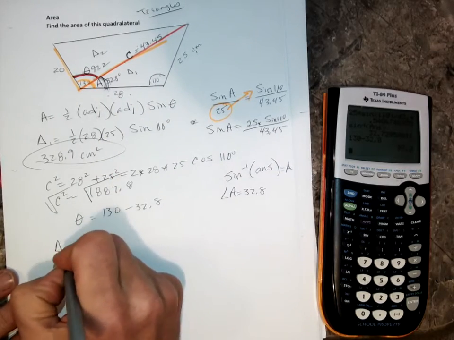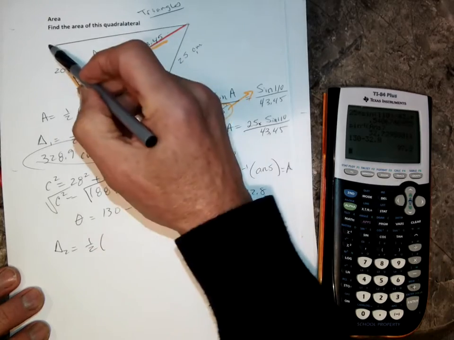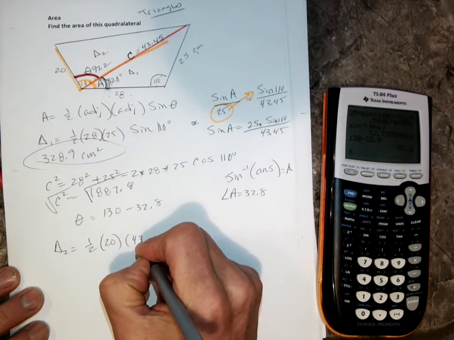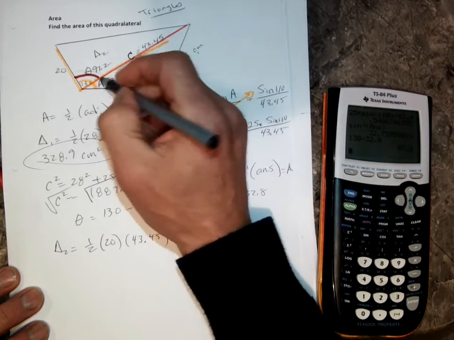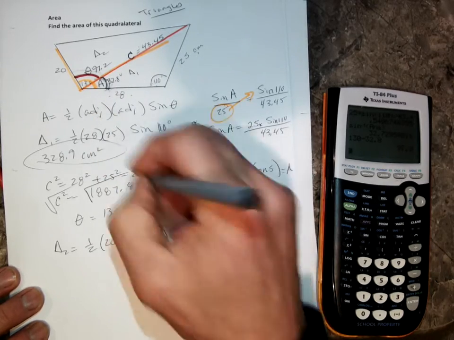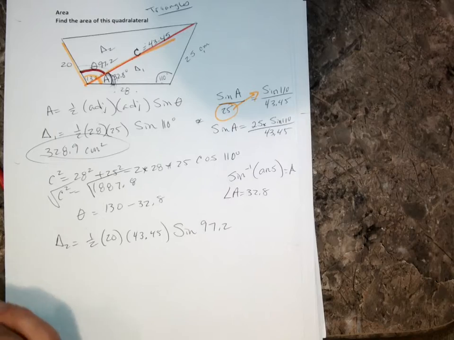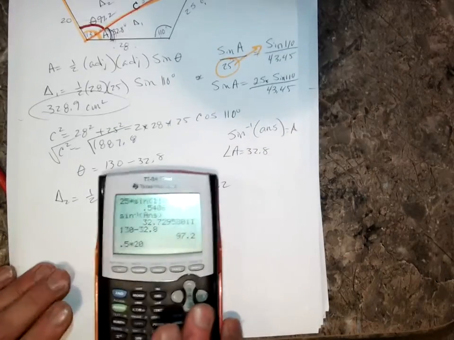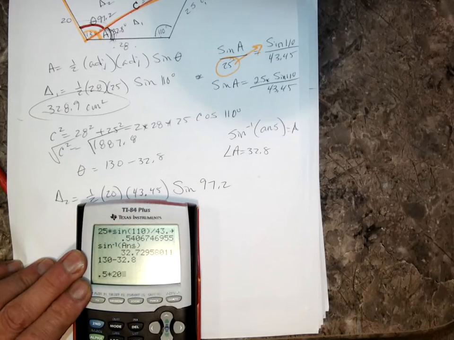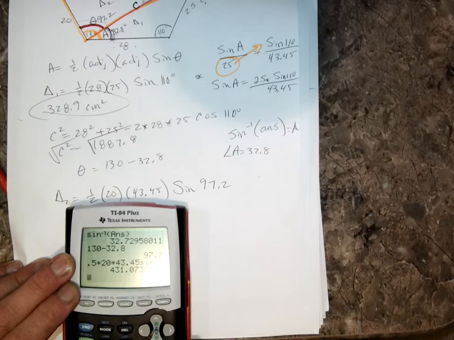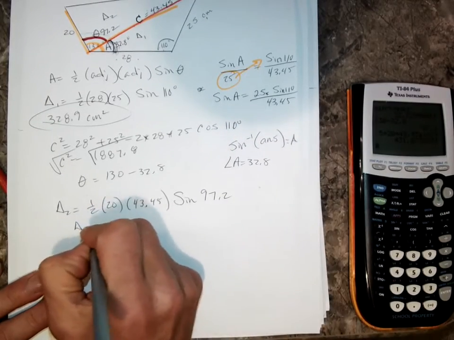So triangle 2 is equal to 1/2 times 20 times 43.45 times the sine of 97.2, and I get an answer of about 431. So triangle 2 is equal to 431.